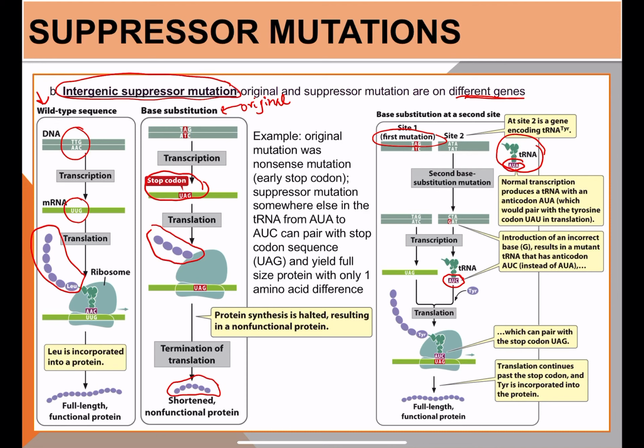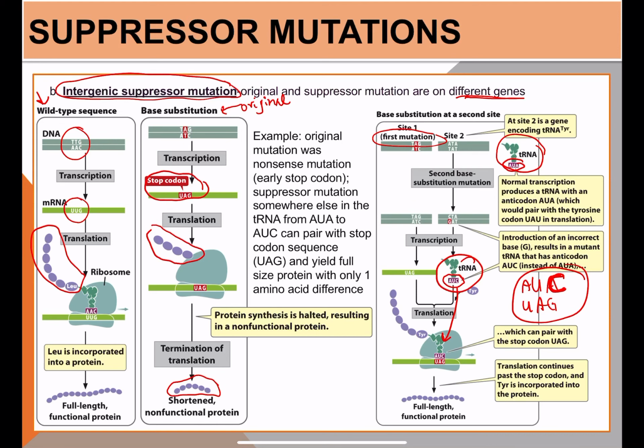Well, had it been AUA, it might not form with UAG, okay? But UAC, okay, would definitely make this bonding very strong, okay? So this particular tRNA now will bind to that stop codon, which is not supposed to happen.